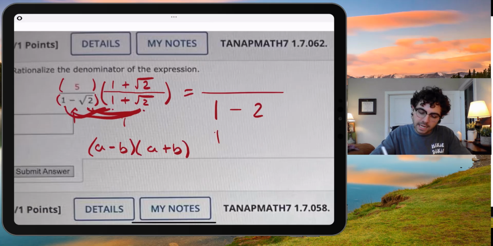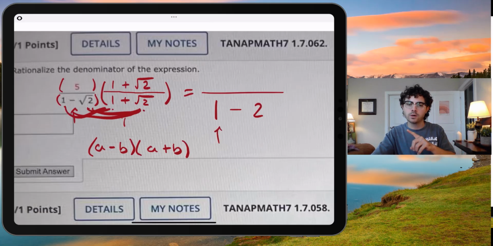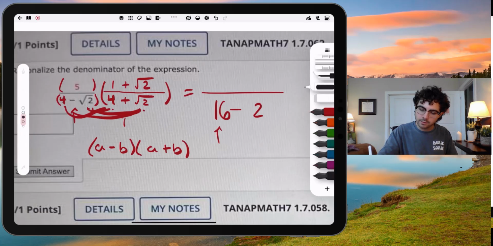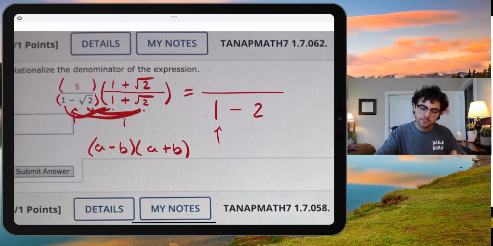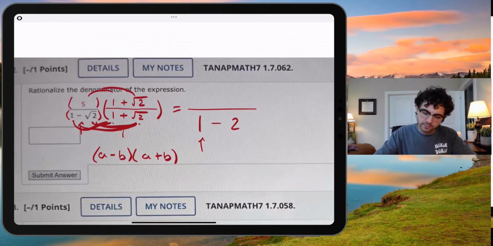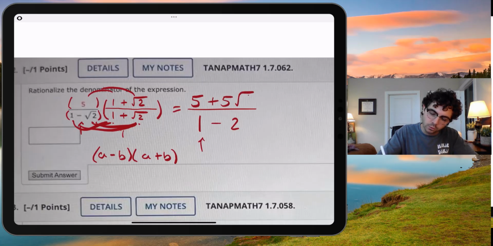Again, this one just happened to be 1 because it was 1 times 1. Had it been a 4 here and a 4 here, we would have gotten 16 here. So don't just think it's going to be the same as the number that was there. Does that make sense? So 1 minus 2 in that case. Now we just have 5 times 1 plus root 2. So we'll just do 5 plus 5 root 2.